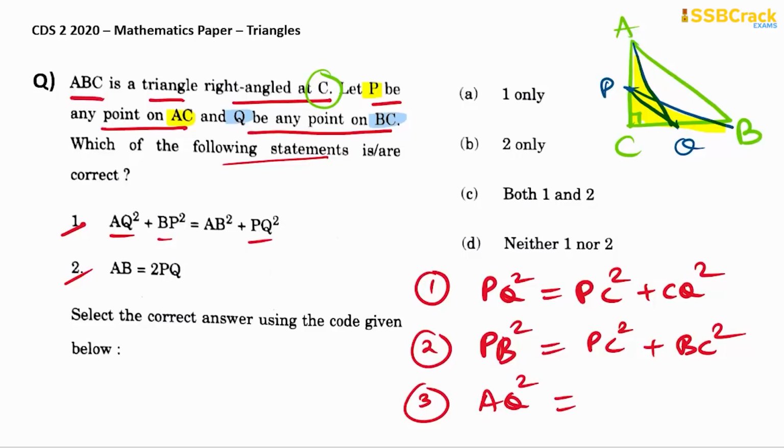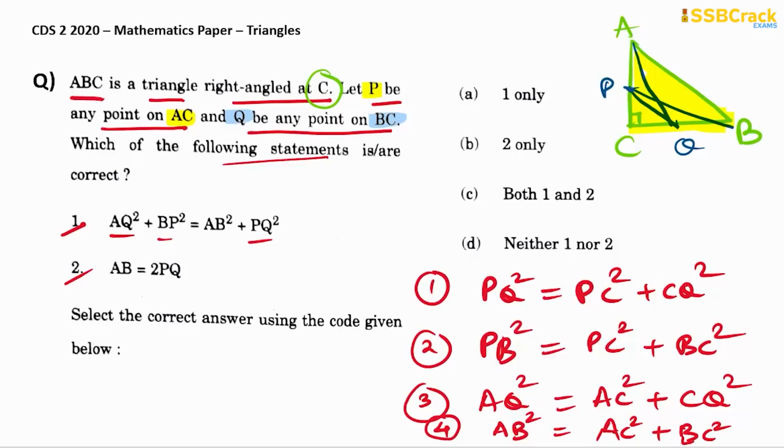This is equal to AC square plus CQ square. Not only that, we have the original right triangle with the hypotenuse AB. So let's write that also, so that we can play with these statements and come to the conclusion. So this is AB square equal to AC square plus BC square.